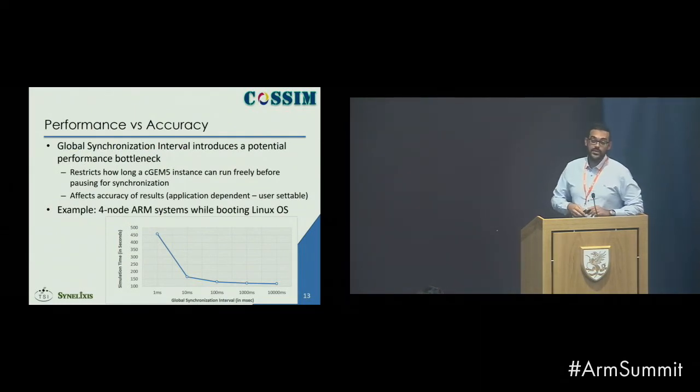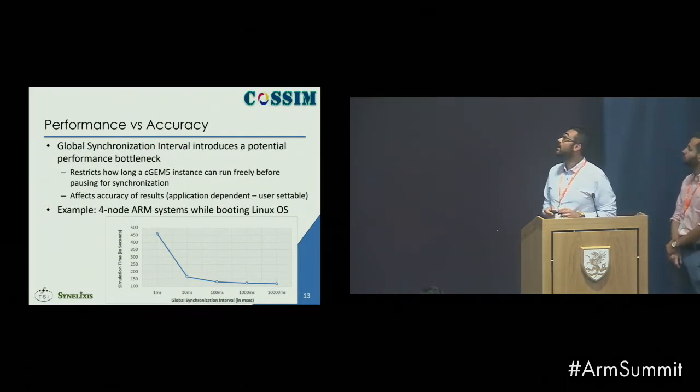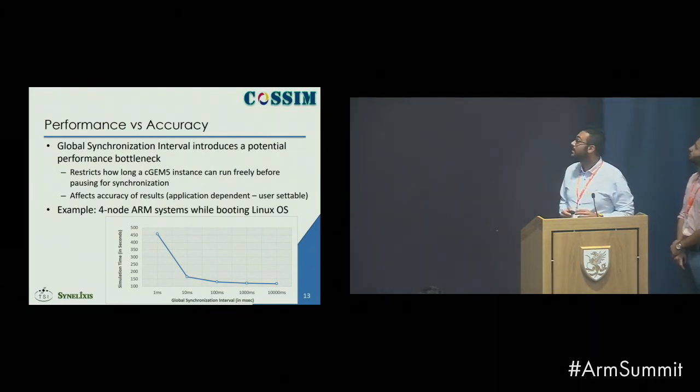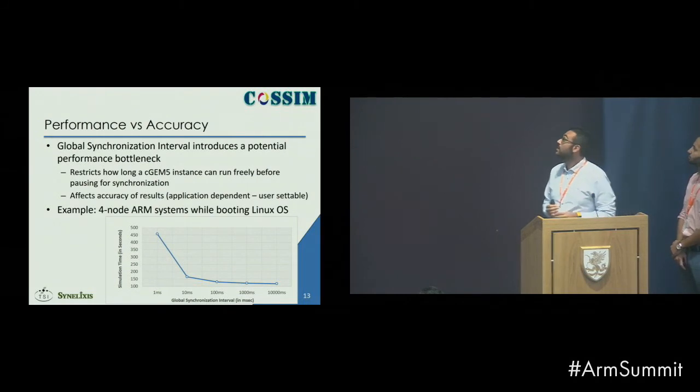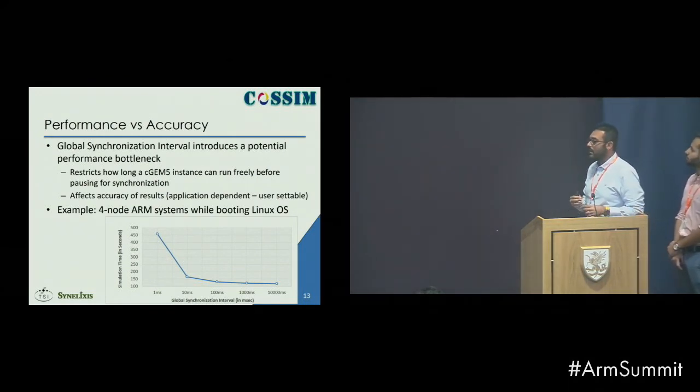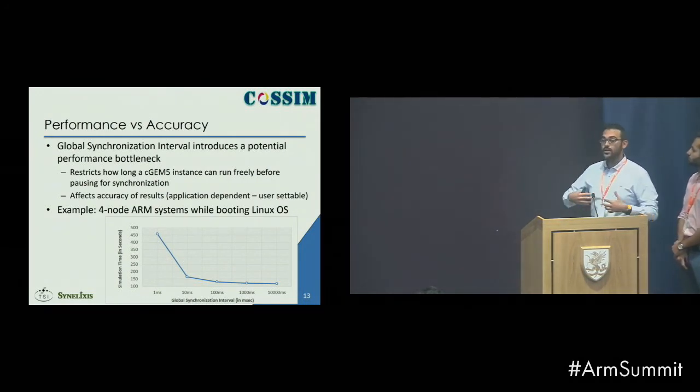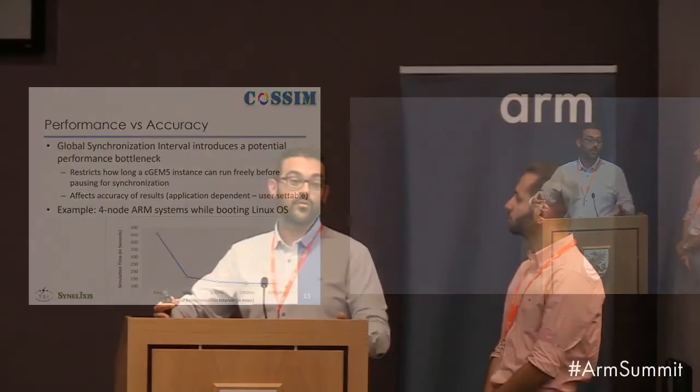Synchronization does introduce a performance hit, and there is also the question of how we retain accuracy. As long as we permit free running of the Gem 5 instances, and we perform less synchronization between the different nodes, then we lose accuracy because maybe we cannot intercept certain interactions.